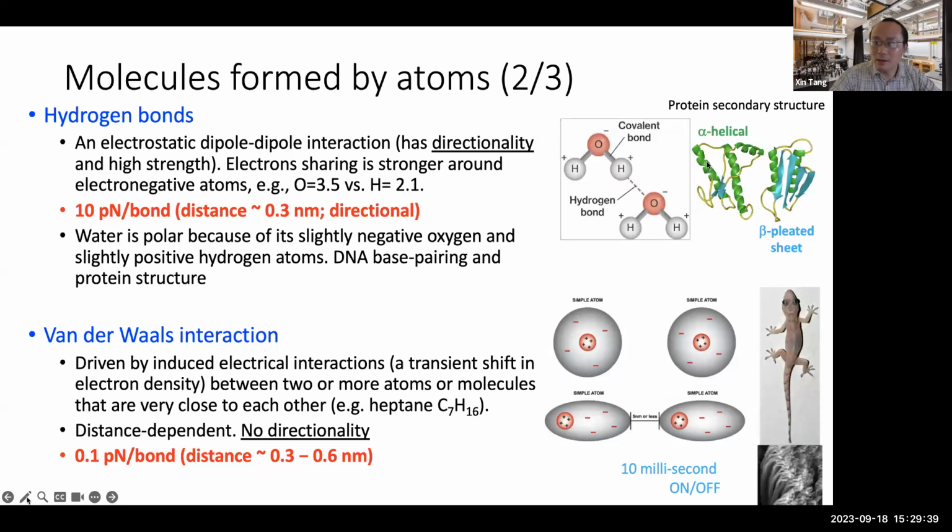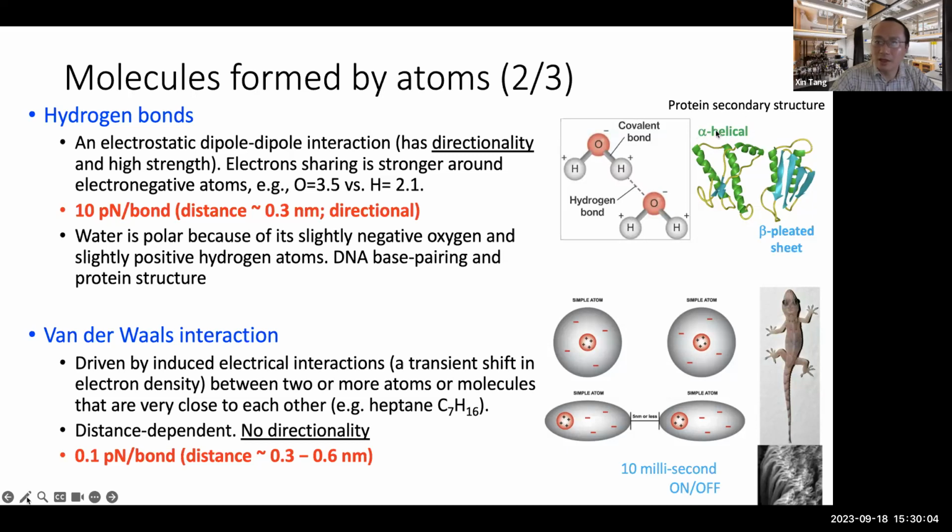And then they also form the charge polarity. And then those charge polarities can adhere to each other to bend the amino acid chain. That forms the 3D shape of the proteins.